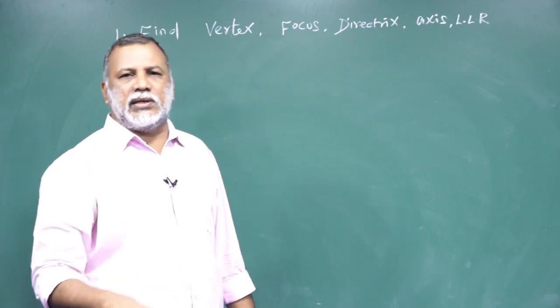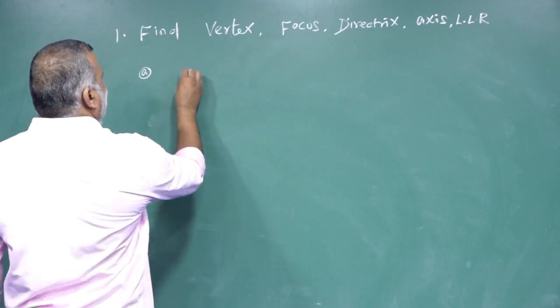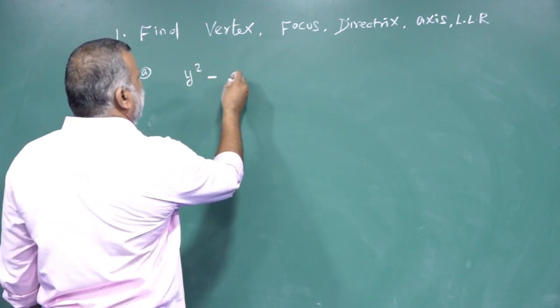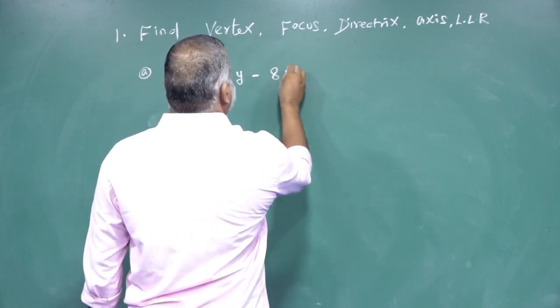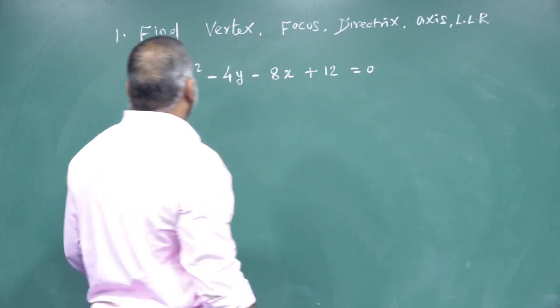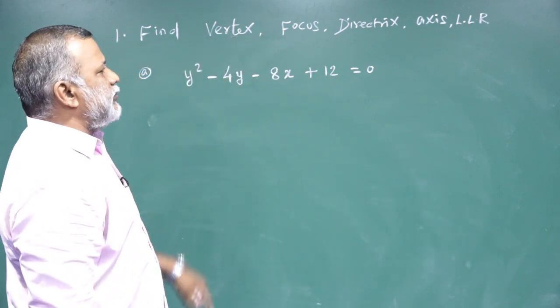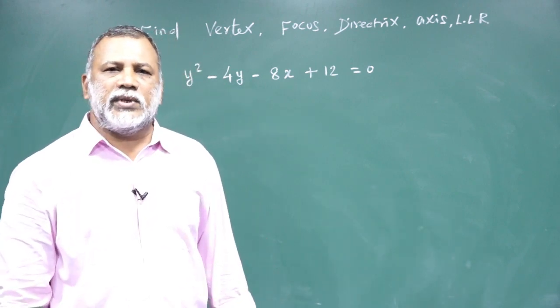That question may be asked this type also. See, question number 1. y squared minus 4y minus 8x plus 12 equal to 0.